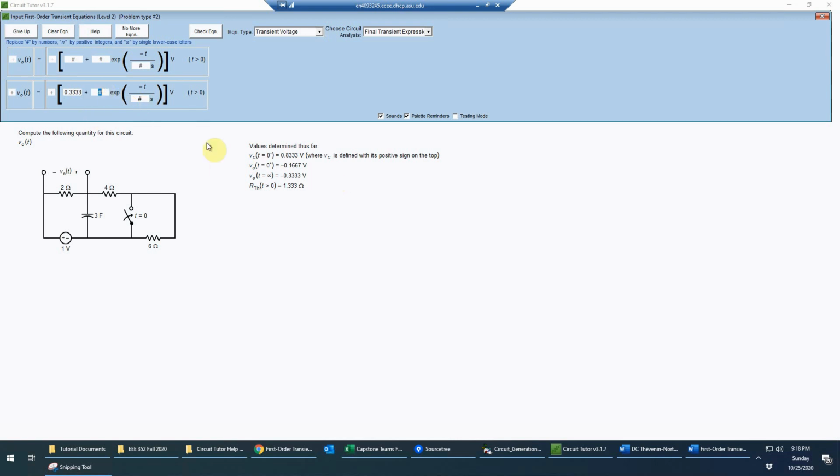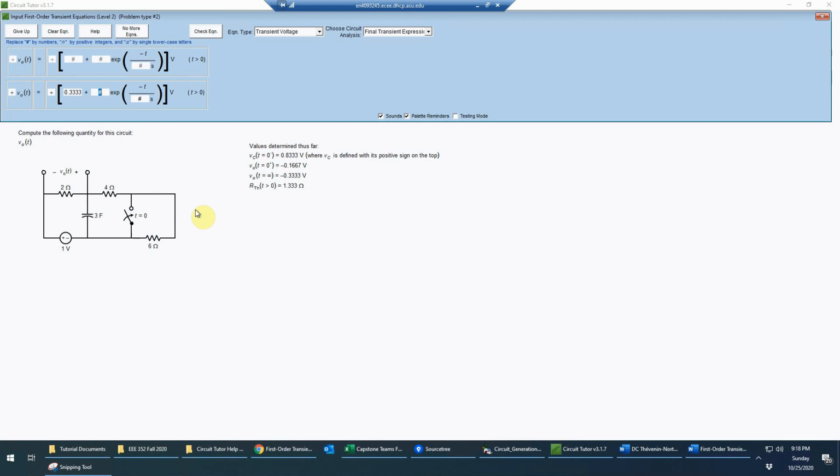And then we also know that at t equals 0, the exponential will just be 1, because e to the 0, of course, is 1. And so this plus this must equal V naught of 0 minus, which is minus 0.1667. So basically, this plus this equals this, so this is going to equal this minus that.